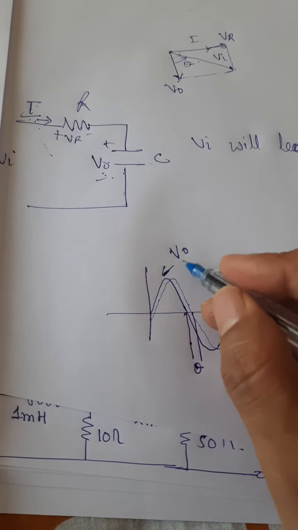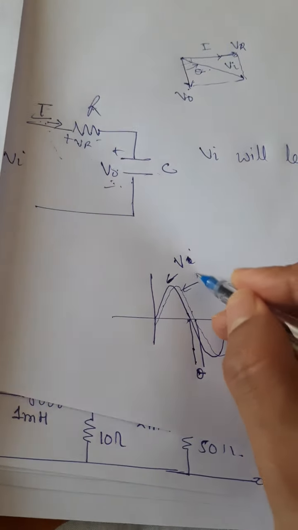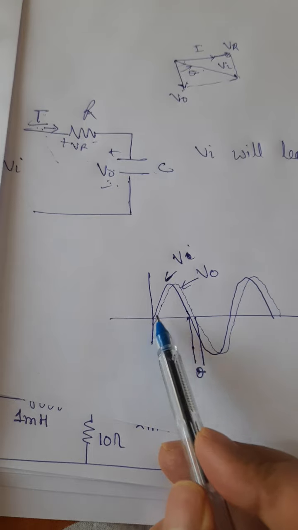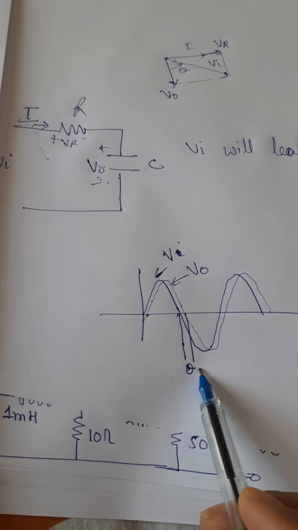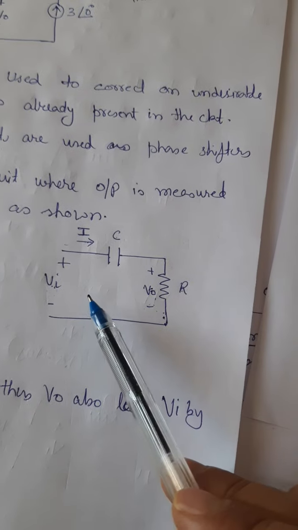This is V input and this is V output. So as you can see, V output is starting late and V input is starting earlier, by angle theta. Okay, so here Vi will lead V naught, and in the earlier case V naught will lead Vi.